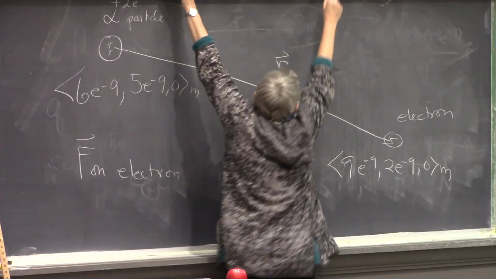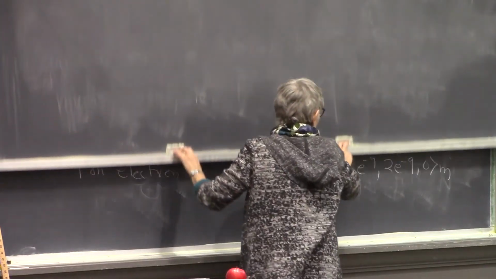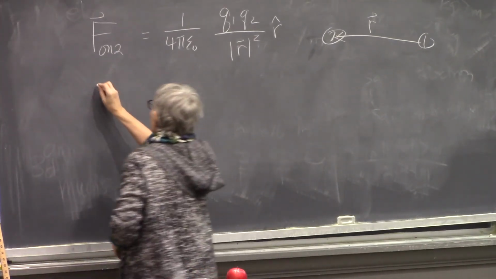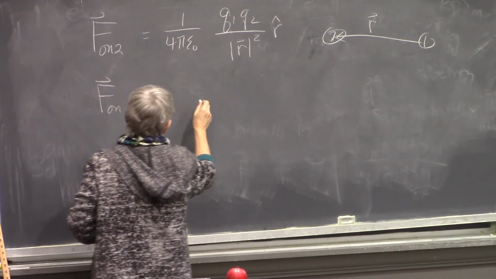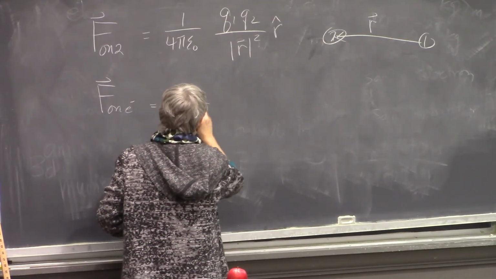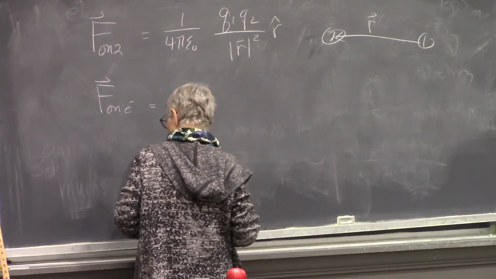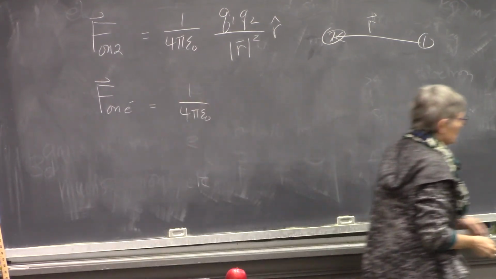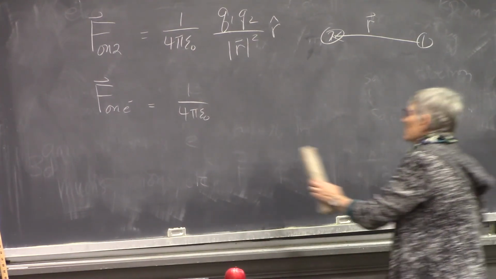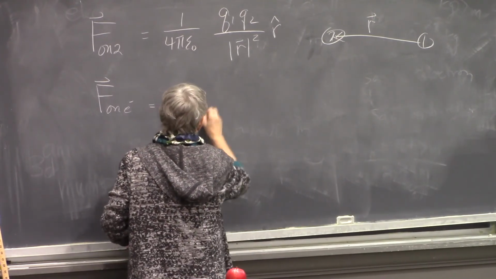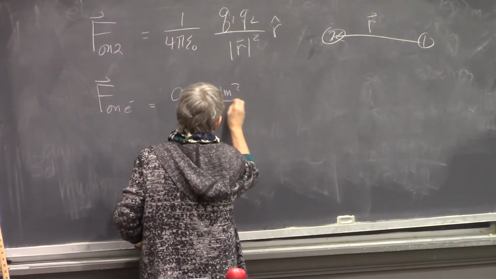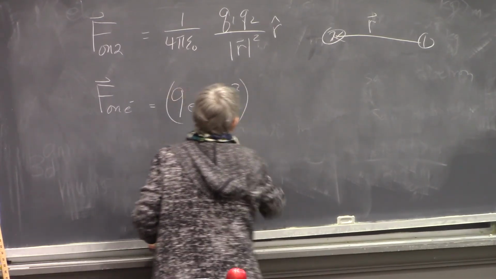So we've got the force on the electron is 1 over 4 pi epsilon 0. So let's write that out as 9 times 10 to the 9 Newton meters squared per Coulomb squared.